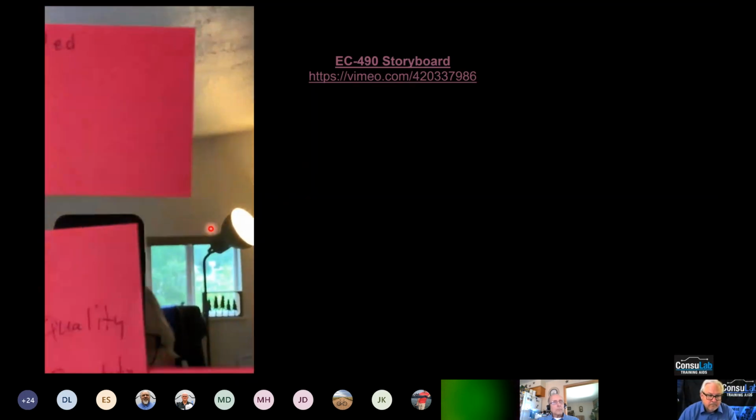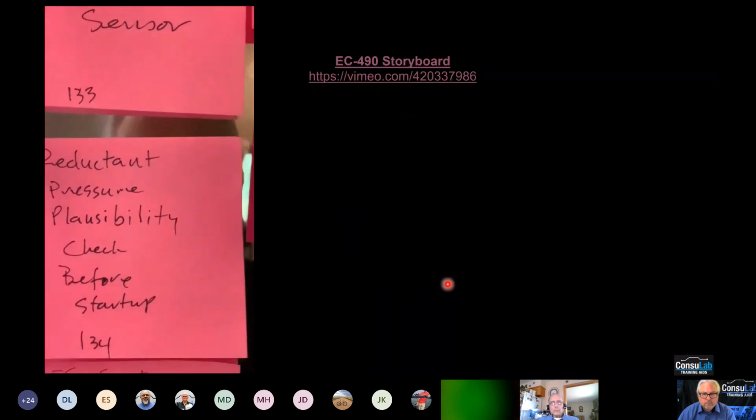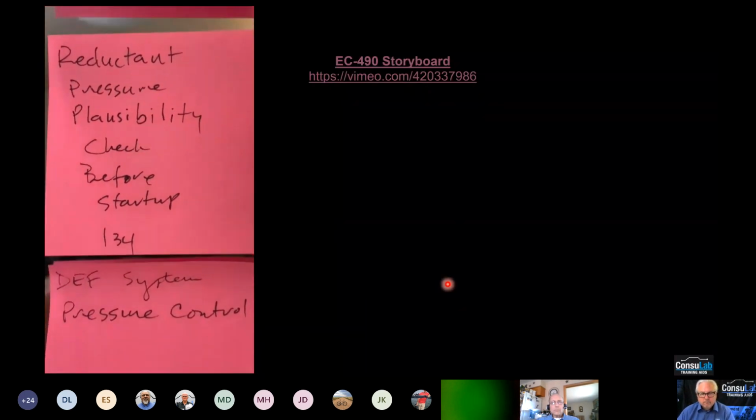Especially as we get into Wednesday. That 133 on the depth pressure sensor, you know, that might be a page number in that Ford document that I put out as homework. You never can tell.